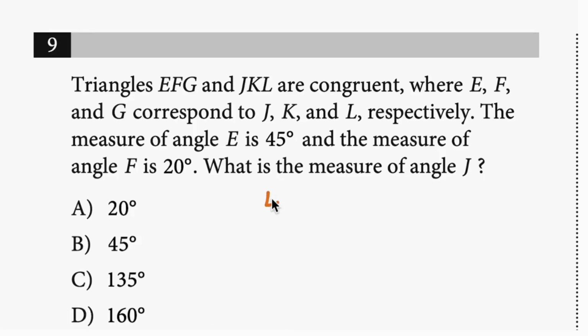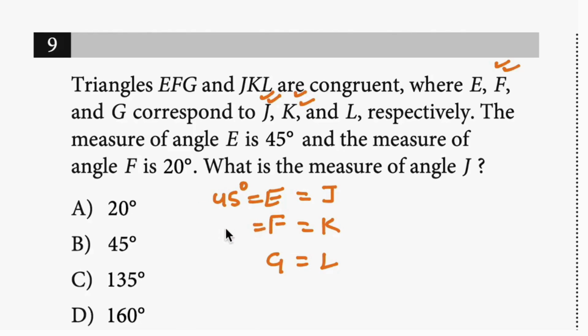First, E should be compared to the first of the other data, which is J. So E is equal to J, F is equal to K because this is at the second place. F is second place for the first data and K is second place for the second data, and G corresponds to L. If the measure of angle E is 45 degrees, and the measure of angle F is 20 degrees, what is the measure of angle J?